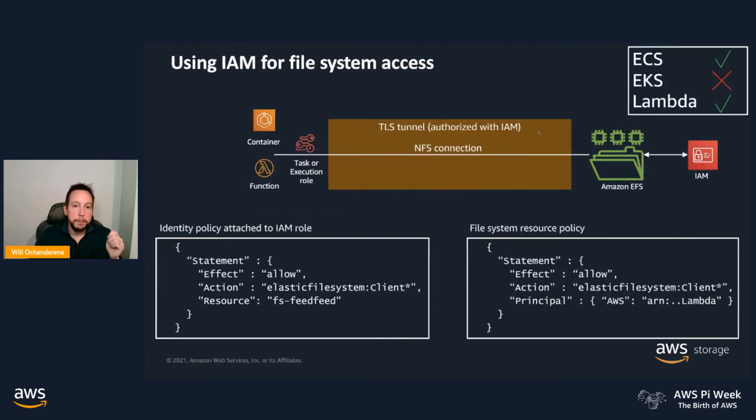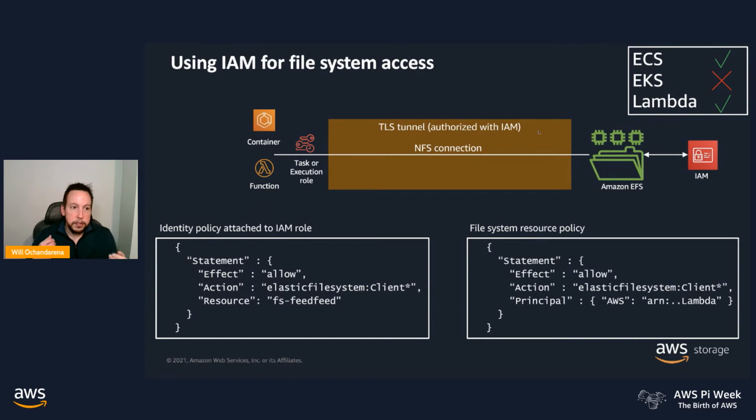So the first problem of how do you make sure that you can authorize specific applications to your file system is solved by IAM Authorization. So we launched this a couple of years ago now, the ability to use the IAM role of your application, whether it's a container or a function, to authorize it to access EFS.